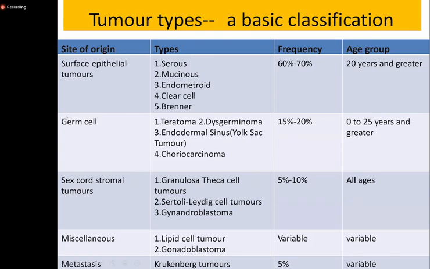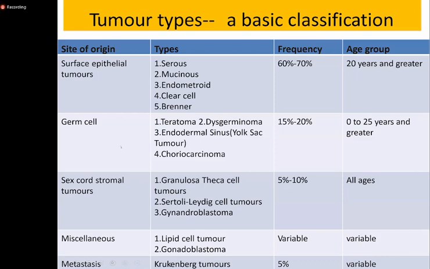And then tumors that arise from the germ cells, tumors that arise from the sex cord stroma, miscellaneous tumors that just defy classification, and then of course there is metastatic disease, metastatic tumors. So this is a general basic classification of ovarian tumors. If you don't remember anything else from this class or this segment, remember this basic classification.